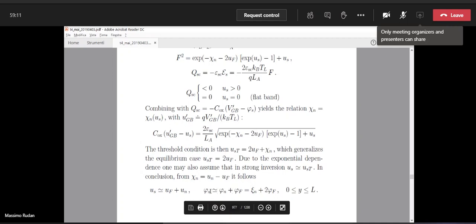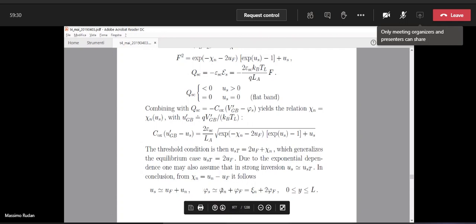So this condition applies at threshold, but it also applies above threshold. So in any condition in which the channel is well formed, because of this exponential dependence that we discussed above.